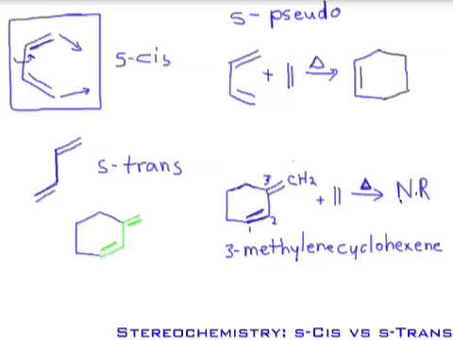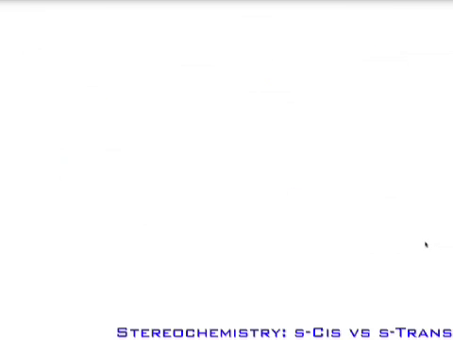Now the reaction is also stereospecific. And that's very important to understand when we get into cis-trans isomers on the dienophile. Suppose I have a diene again. And I react it.